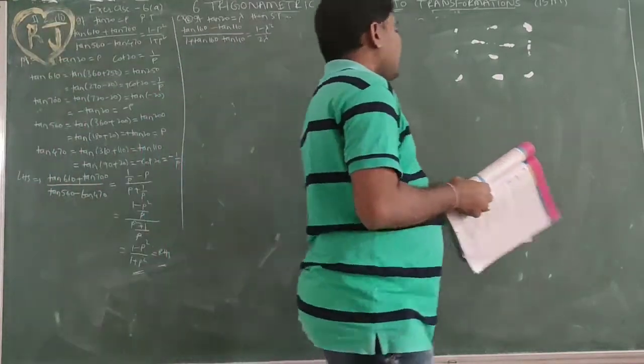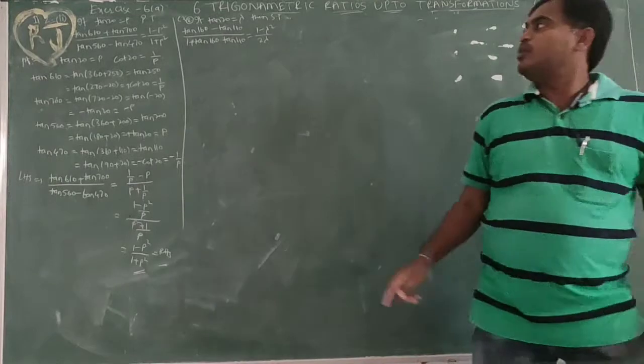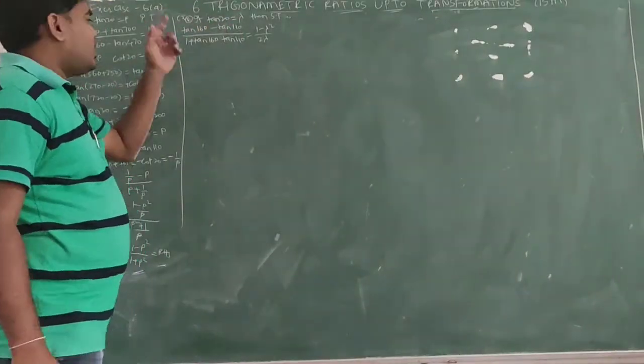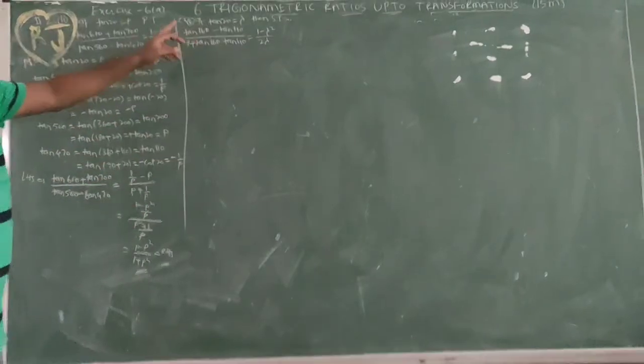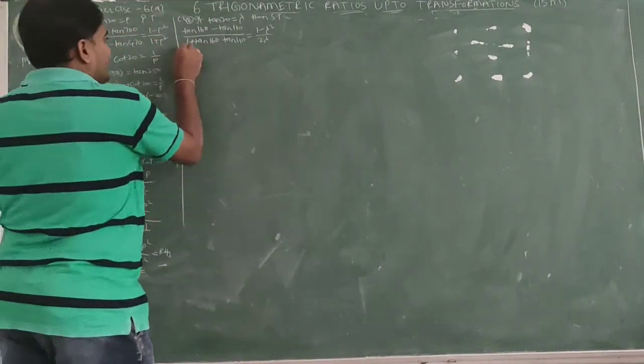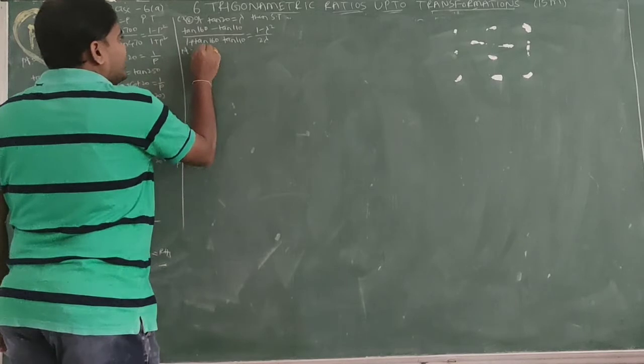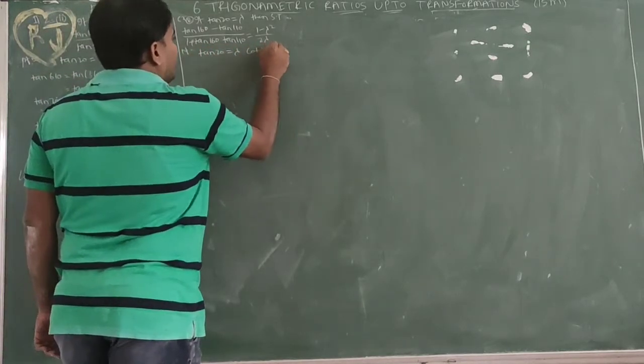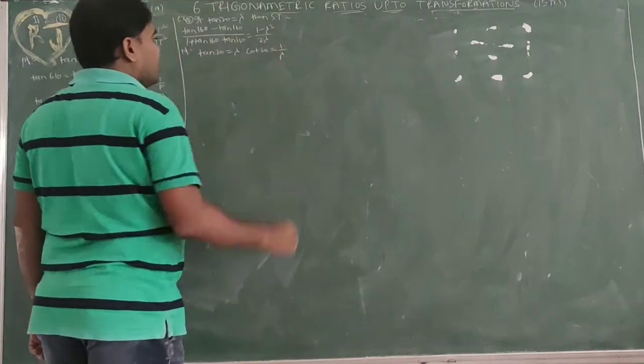So we need to prove it like that. Here again, tan 20 equals lambda, so similar to the previous one we need to prove. So first, tan 20 equals lambda, and cot 20 equals the reciprocal of tan 20, which is 1 by lambda.